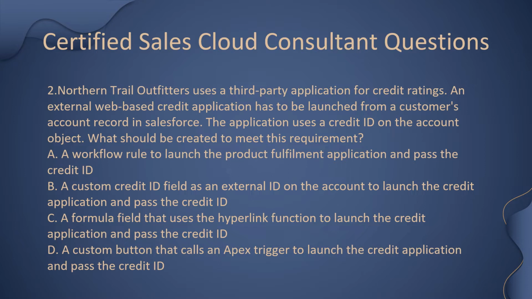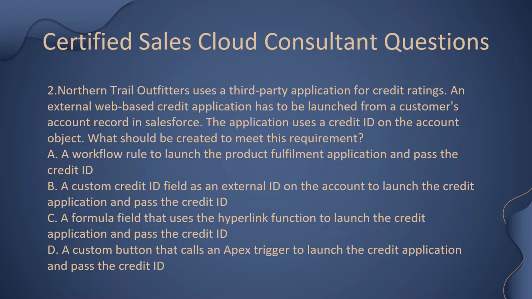B. A custom credit ID field as an external ID on the account to launch the credit application and pass the credit ID. C. A formula field that uses the hyperlink function to launch the credit application and pass the credit ID. D. A custom button that calls an apex trigger to launch the credit application and pass the credit ID.